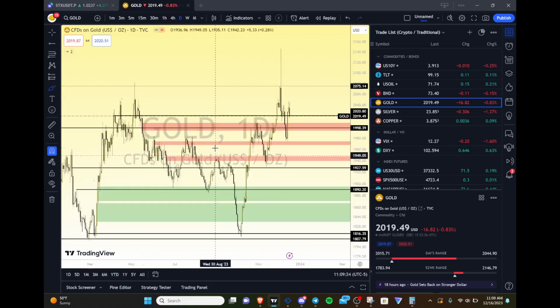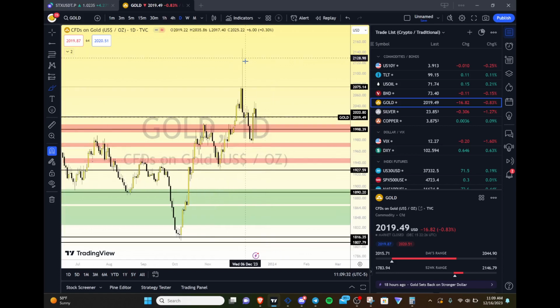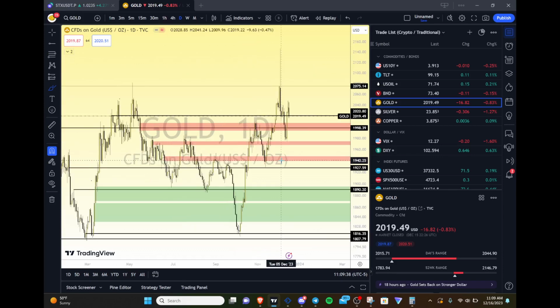So, can we get that? Absolutely. Are we likely to get that? It doesn't seem like it, but we do have to respect this wick here, this sell down candle, this rejection, because that's what it was. It was a rejection. But the key is, will the rejection lead to continuation?